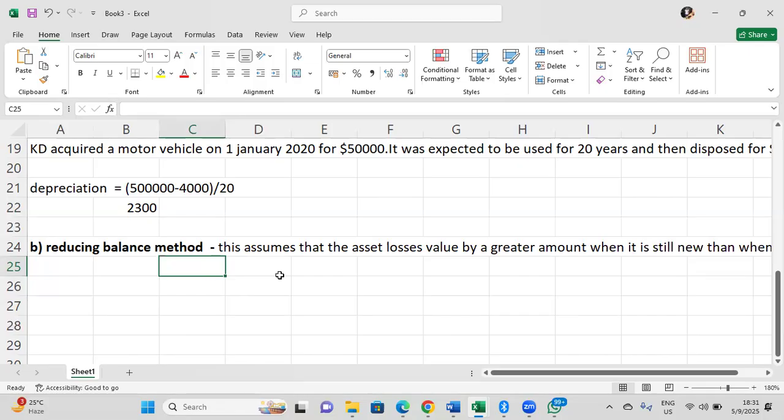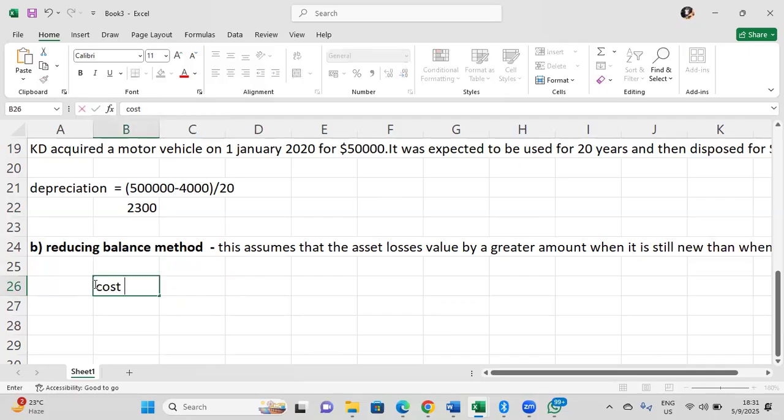Now let's move on. For the reducing balance method, the formula is cost minus provision times the percentage given.